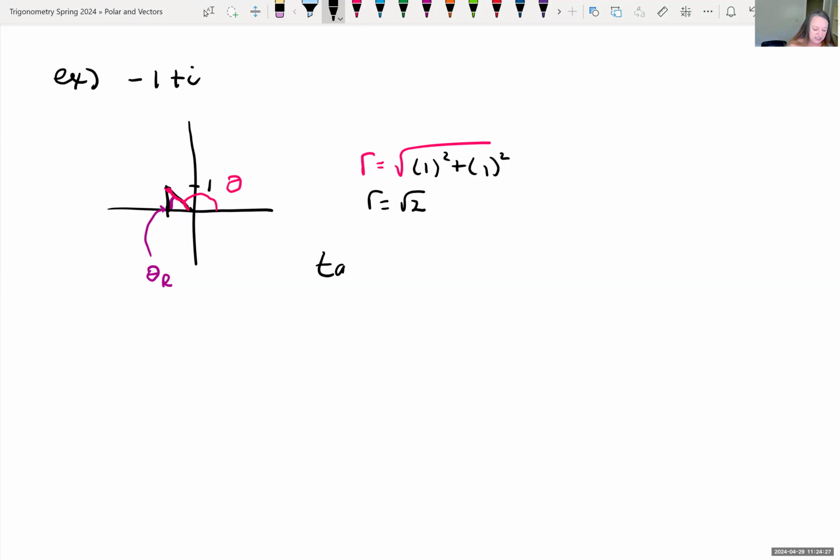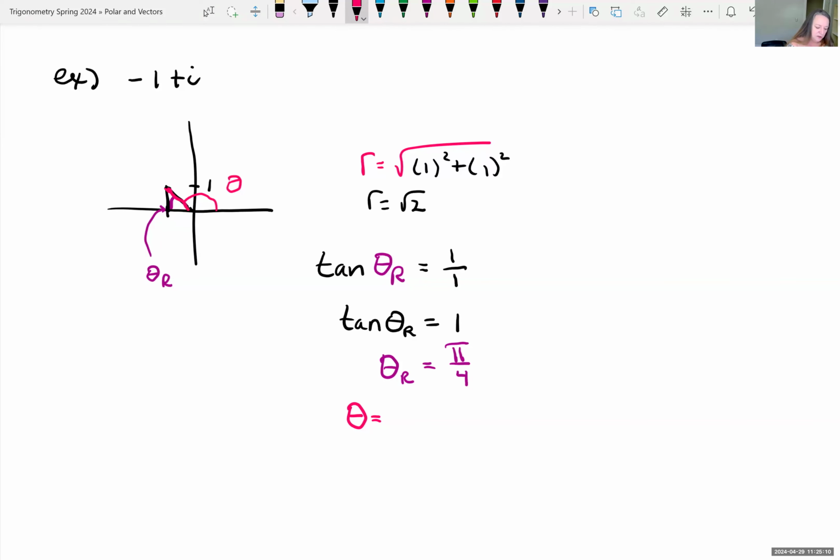We know that tangent of theta sub r is equal to opposite, which was 1, all over the adjacent, which is also 1. And so we're thinking about what angle of tangent gives us back 1. Well, the angle that would give us back 1 for tangent is pi fourths, or 45 degrees.